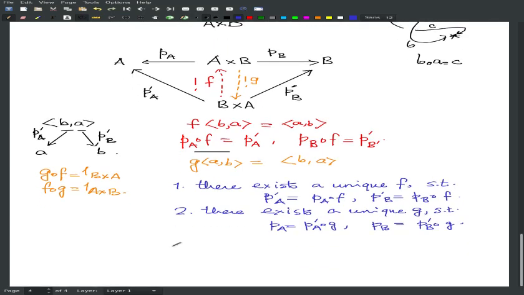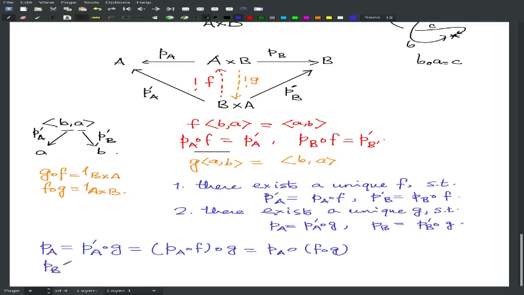Right? Now let me try and see. PA is equal to, you have told me, PA prime composed G. But PA prime, you have told me, is PA composed F, composed G, which is PA composed F composed G. This is associative.